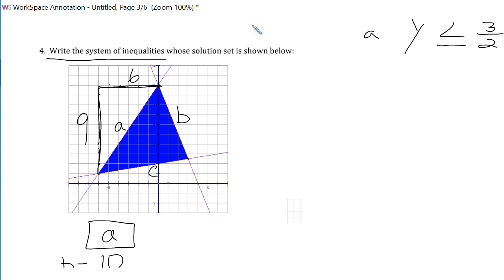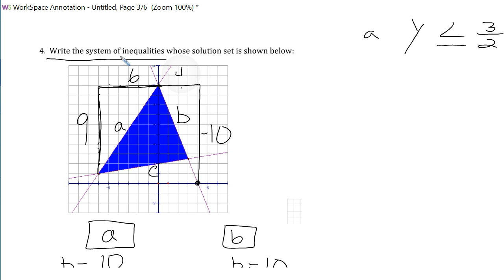Now let's look at B. What is the y-intercept of B? It's also 10. What's the slope? Well, let's use this point, and this point. So it looks like we have gone down 10 and right 4.